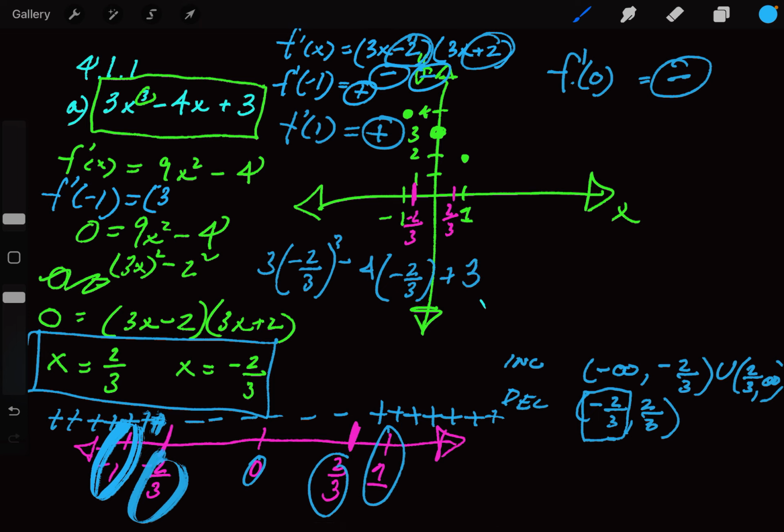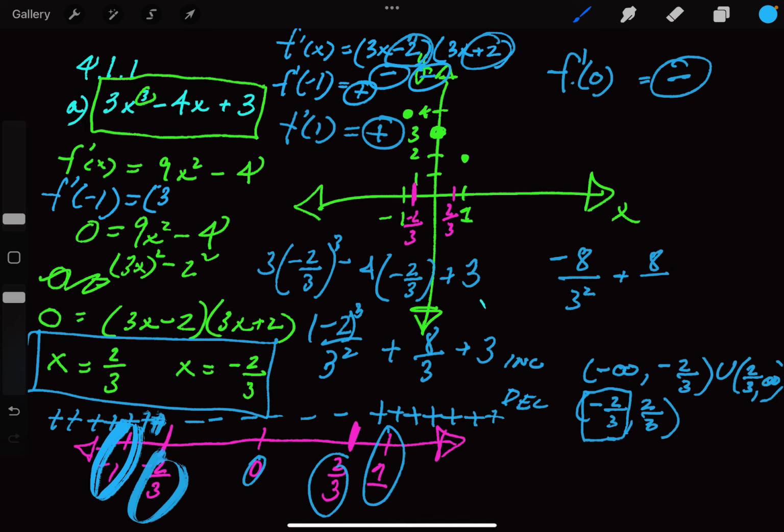This is going to be 3 times negative 2 cubed over 3 cubed, plus 8 over 3 plus 3. And then this becomes negative 8 over 3 squared plus 8 over 3 plus 3. And then this is going to be times 3 squared, and the whole thing is over 3 squared.